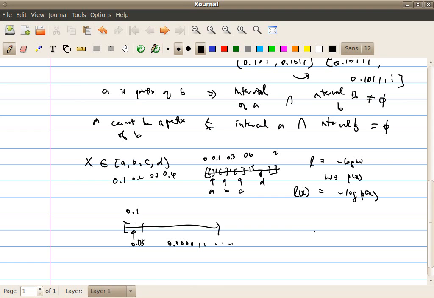So I want to make sure that W has to be less than Px over 2. And what we can do is set L as the ceiling of minus log Px over 2, and then we can make sure this will be less than Px over 2.